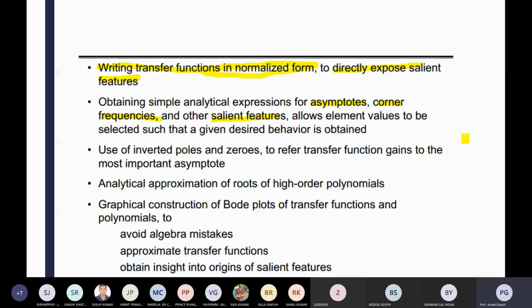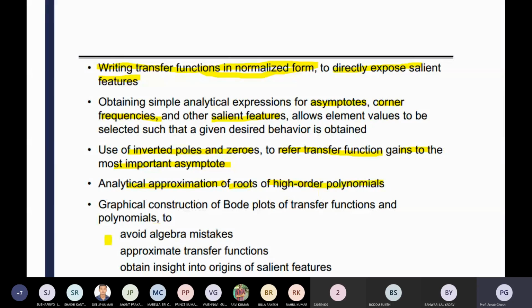Here you can see the use of inverted poles and zeros to refer the transfer function gains to the most important asymptotes, and analytical approximations of the roots of higher order polynomials.